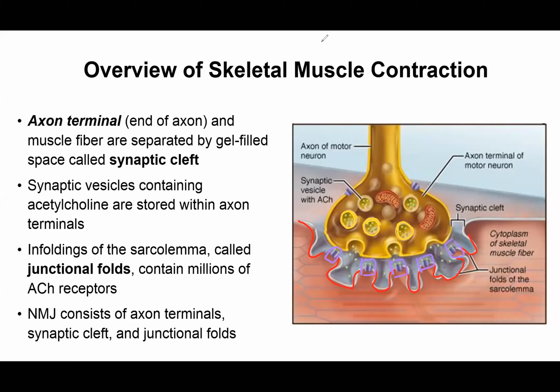And so the neuromuscular junction as a whole consists of axon terminals, the synaptic cleft, and junctional folds. Okay, that is the neuromuscular junction.